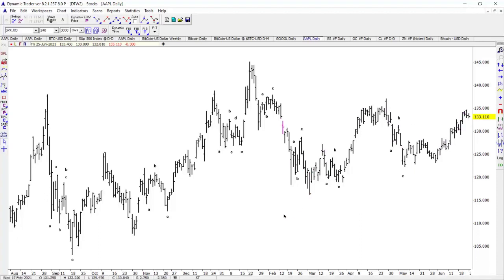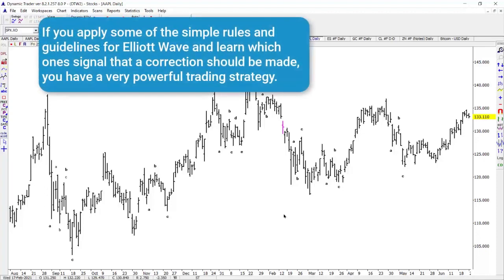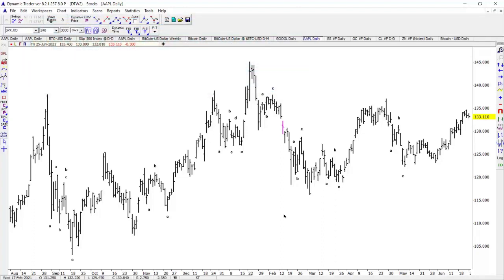Almost every correction is easily identifiable after the fact, I understand. But with what you've learned about how to identify if a market is in a position to complete a correction, such as the overlap guideline. If we've got 3 sections and we make an overlap, it's probably a correction.